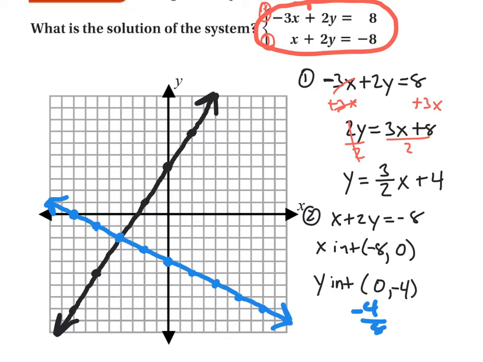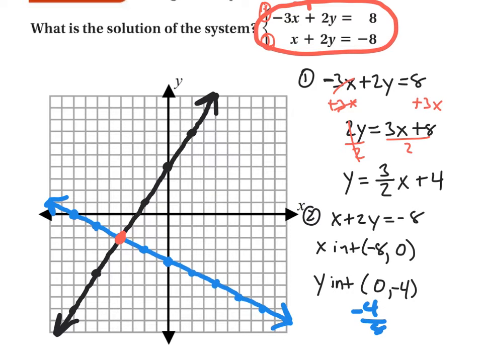Yep. Okay, so looking at the graphs then, where do you suppose we're going to find the solution, the x and y value that satisfies both equations? Where they cross. This point right there is an x value and a y value that works on both equations. Because let's talk about graphing for just a moment. When we are graphing an equation, what are we finding?